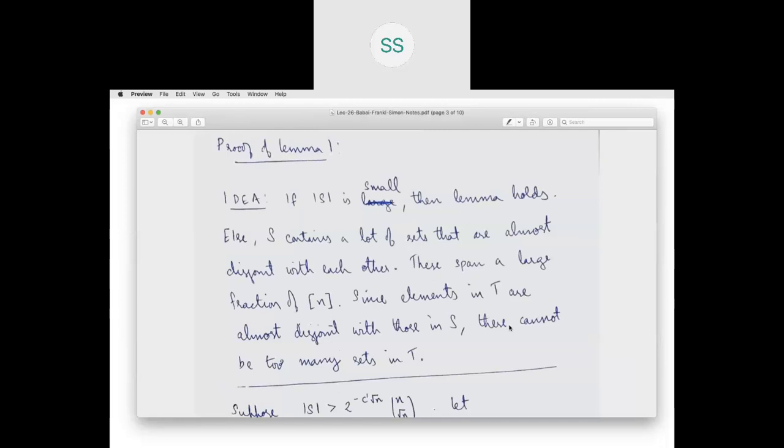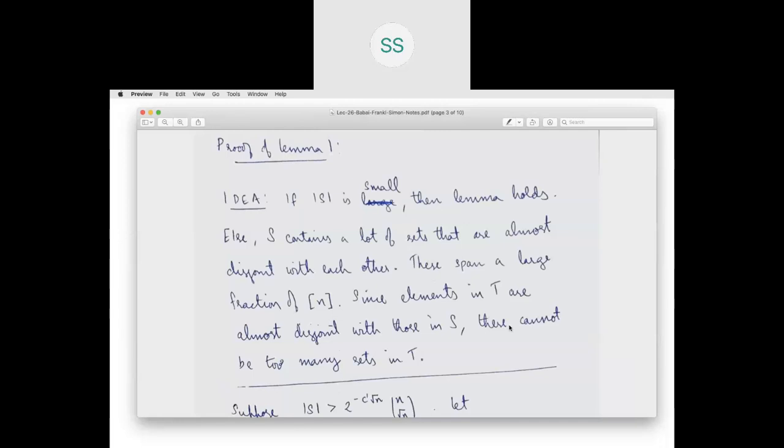If the number of rows is not small, let's say it's beyond whatever is stated in Lemma 1, then the point is S is large. Then we will show that because S is large, there are a lot of sets within S itself that are kind of disjoint. Because there are a lot of such sets, you can add them together so that the union of these sets spans a significant fraction of the universe.